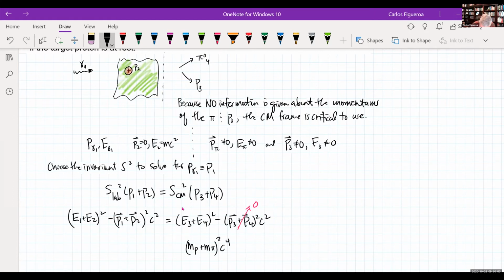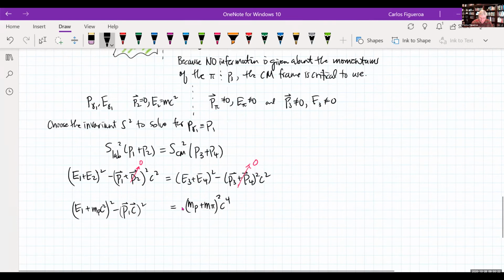Okay, and if I look at this other side, because this proton is at rest, I could write this as E1 plus M_p c squared, minus P1 c, and of course this whole thing is squared. Then I'm just going to start to square everything out. The first thing is that I know P1 is contained in this E1.